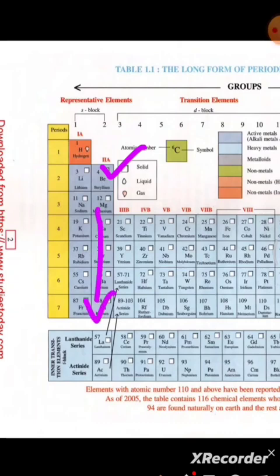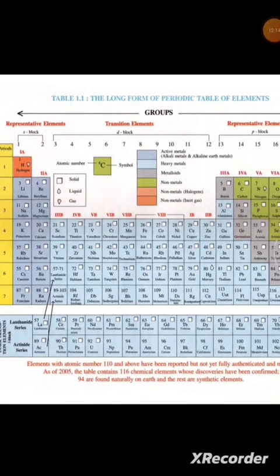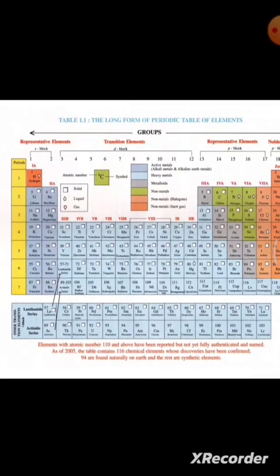If we categorize them according to their behavior, then for us also it will be easy. If you understand or remember the characteristics of some elements, then ultimately we can remember other elements' properties also. That's why this categorization started.